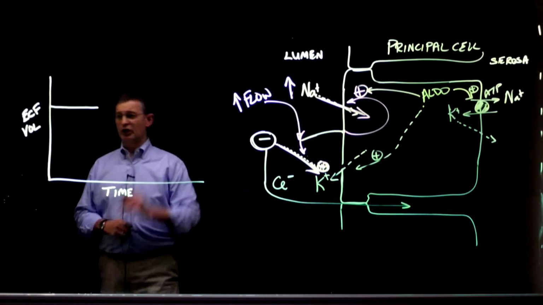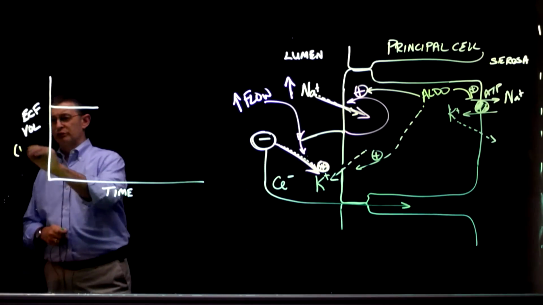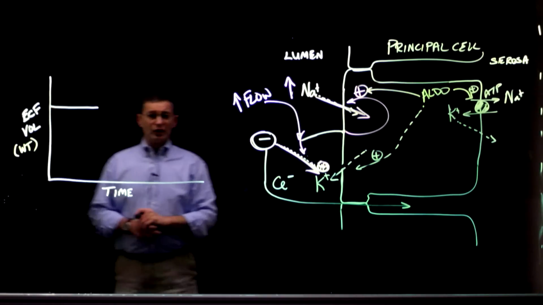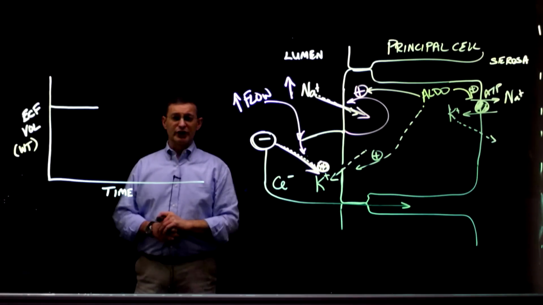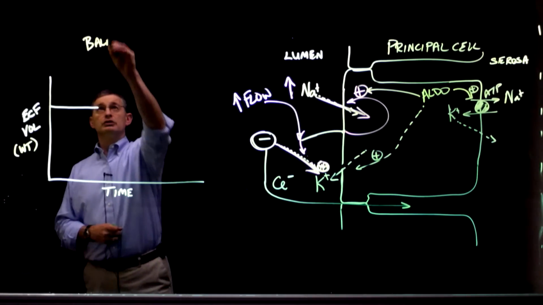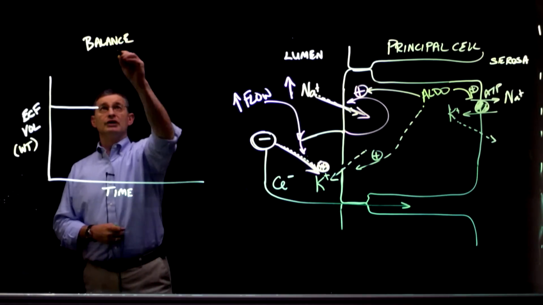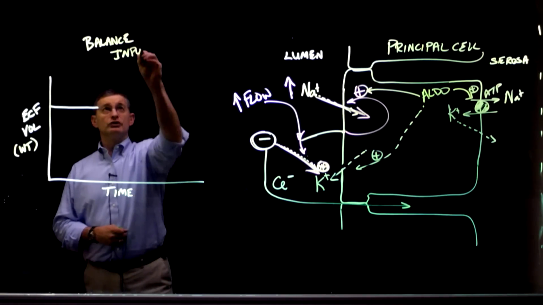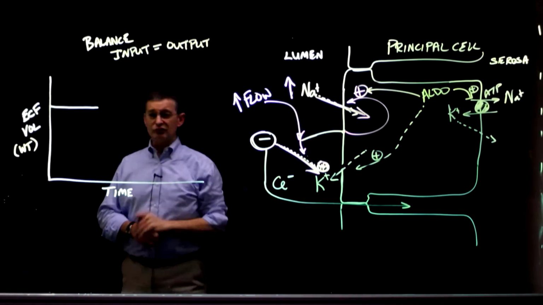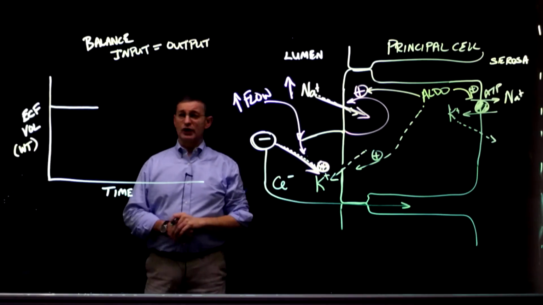So ECF volume, or I'll put in parentheses here, weight, is fairly stable, and we're kept in balance. Balance meaning especially the idea that input is equal to output. So what happens when we're out of balance?